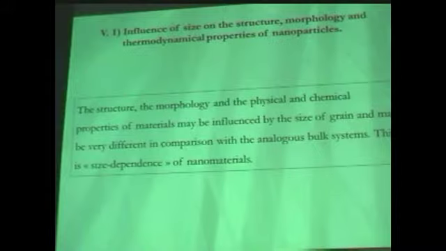It's not surprising that the structure, the morphology, and the physical and chemical properties of materials may be highly influenced by the size of grain and may be very different in comparison with the analogous bulk system. This phenomenon is called size dependence of nanoparticles.